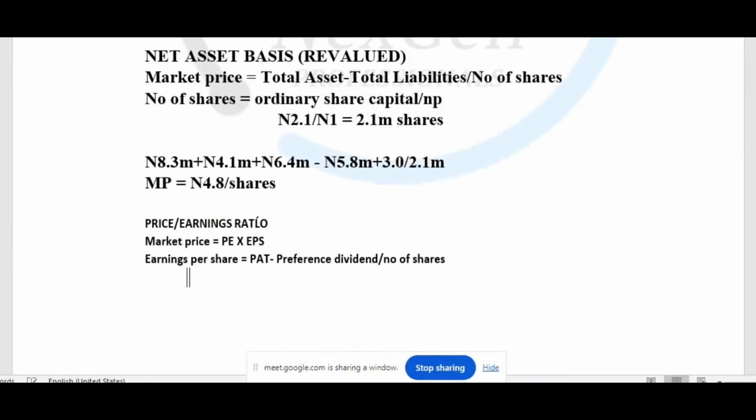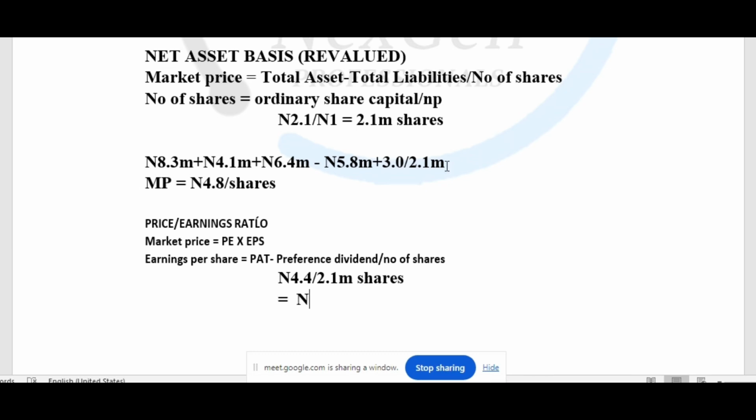Now, 4.4 divided by our number of shares, which we already know is 2.1 million shares. So what is our earnings per share?